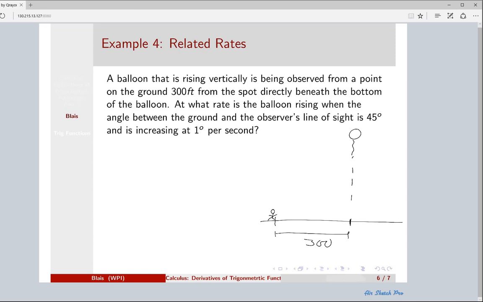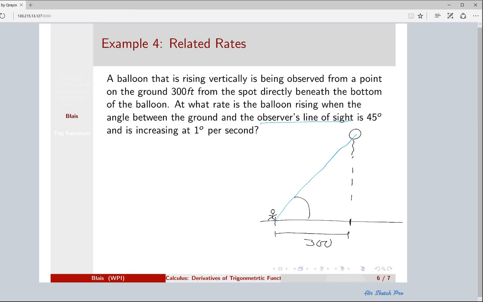And then we have a question about what rate it's rising when the angle between the ground and the observer's line of sight. So we should draw the observer's line of sight. And we're told something about this angle here.